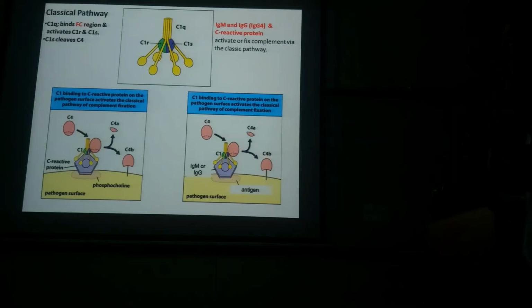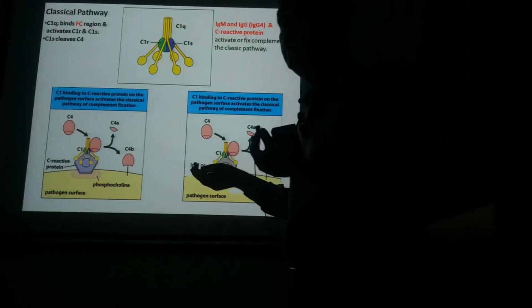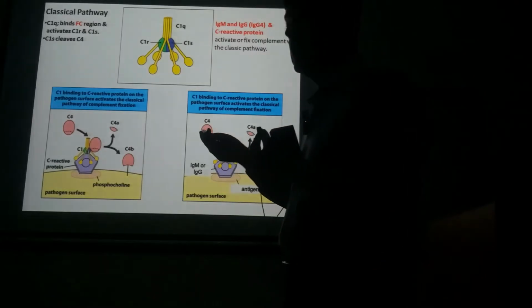This is another way of complement activation. Okay, and how does it happen here? If you see here, this is a C-reactive protein, okay? And where is the C-reactive protein bonded to? The C-reactive protein is bonded to the pathogen because the pathogen has infected a person, and as a result of that infection, C-reactive proteins have been synthesized, and they target the pathogens directly.